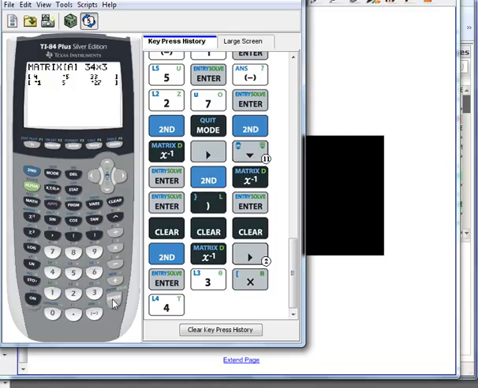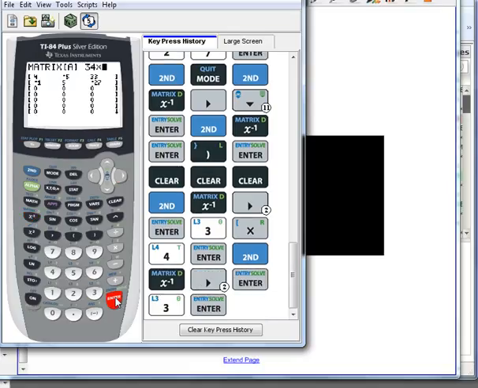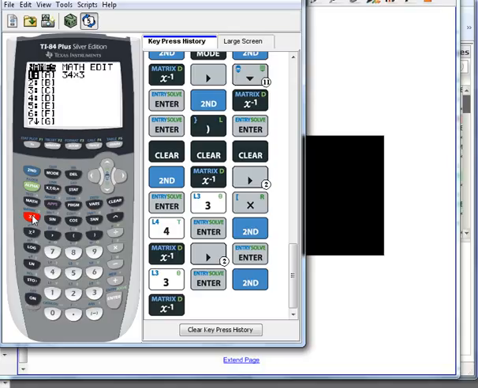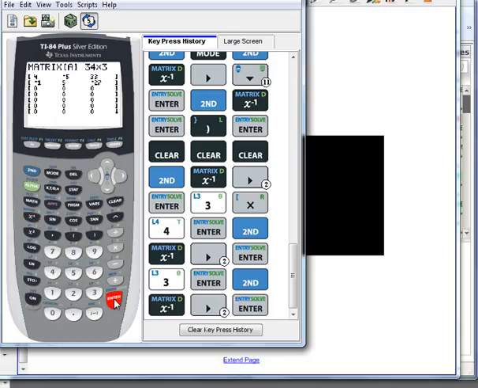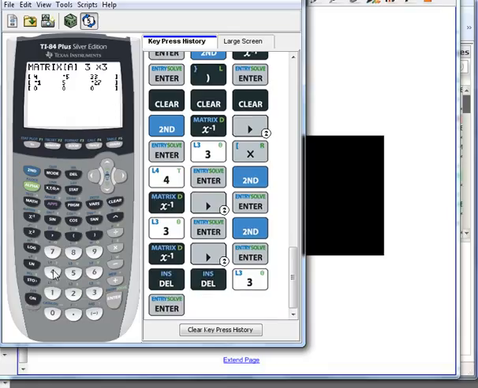Hold on, I have to go back. A 3, enter 4.